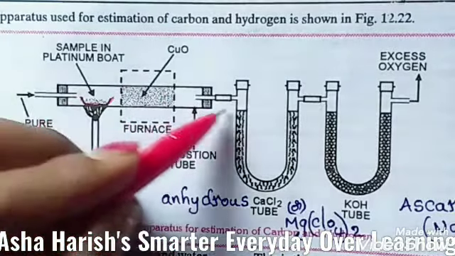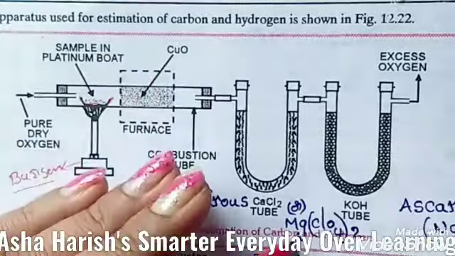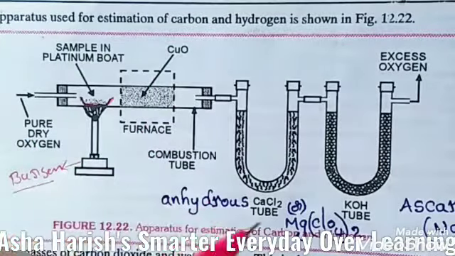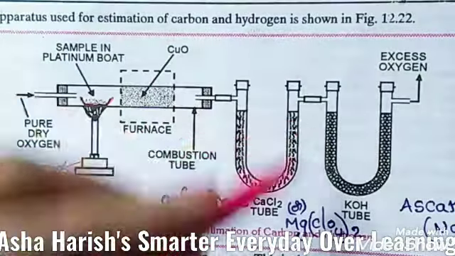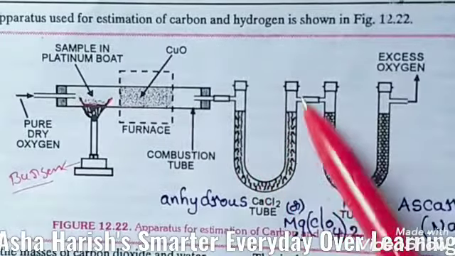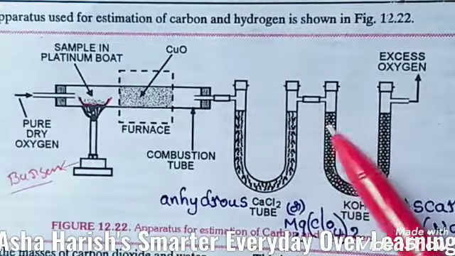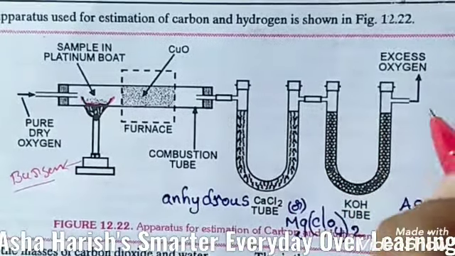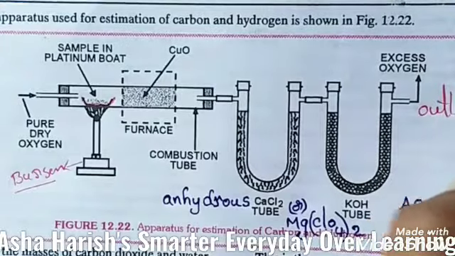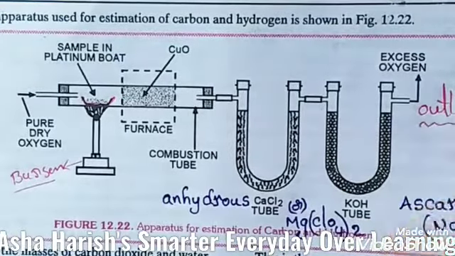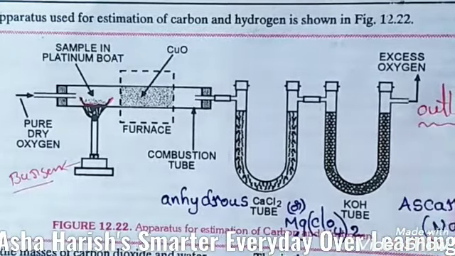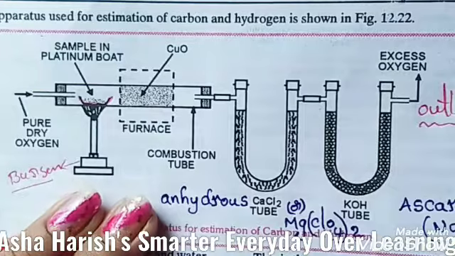So in this combustion tube, the complete heating process takes place. Here two U-shaped tubes are located, and one outlet is there. Through this outlet excess oxygen will go out.